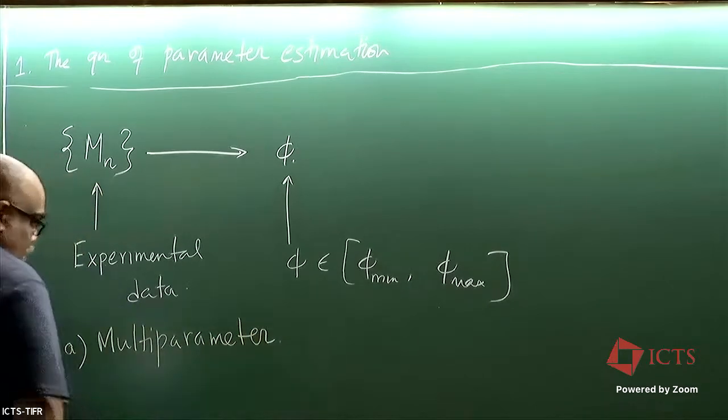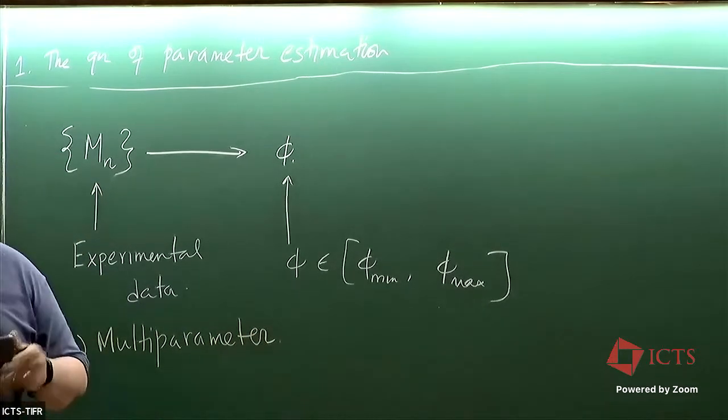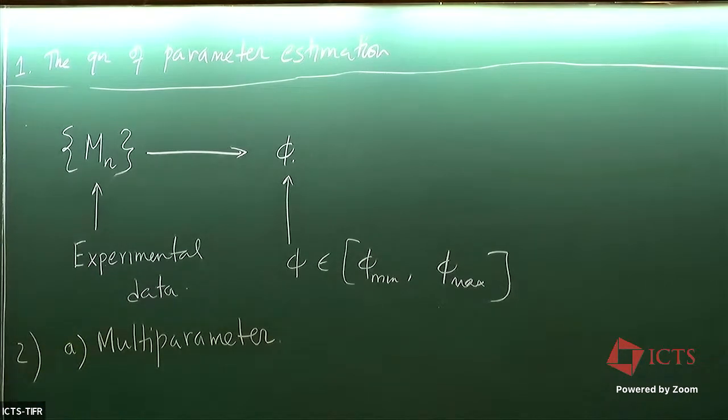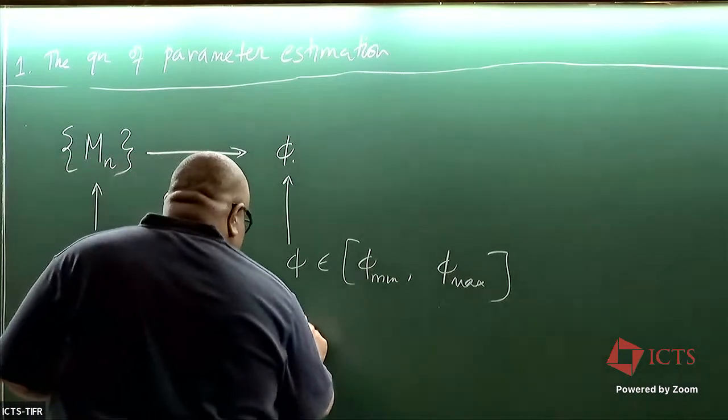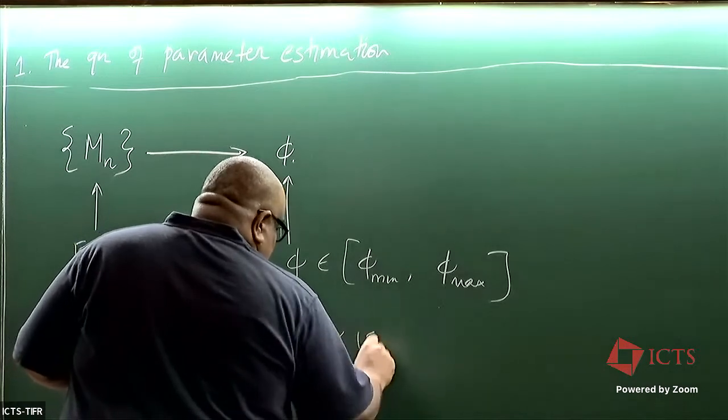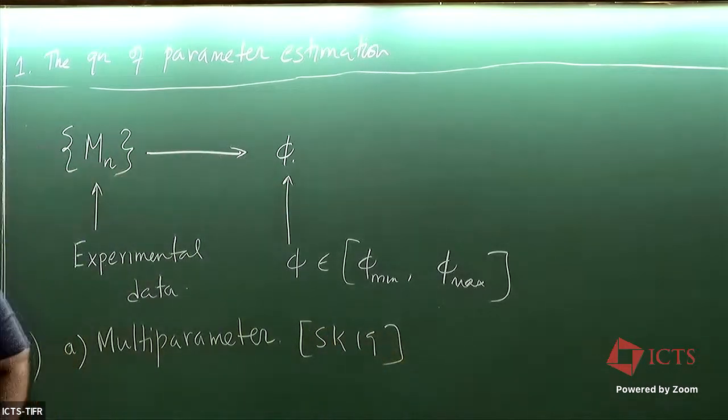This is straightforward to do. Once we've done the single parameter, the multi-parameter simply amounts to putting things as vectors and thinking about the vector quantity and hence covariances and so on. So in principle, straightforward to do. If you're interested in this, I point you to any of these reference reviews. I remember reading it from SK19 most recently.